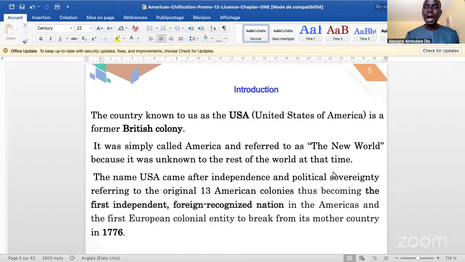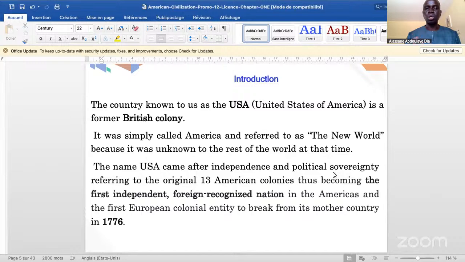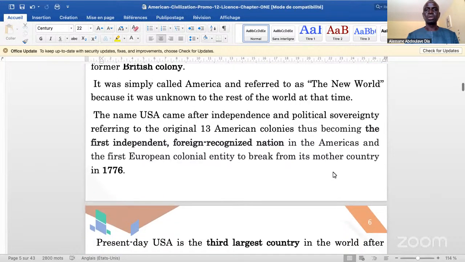That's how Europeans navigated, they explored the world, and they found a new continent that was a new world. So, for more clarification, the name United States of America is used now, but it came after independence and political sovereignty.